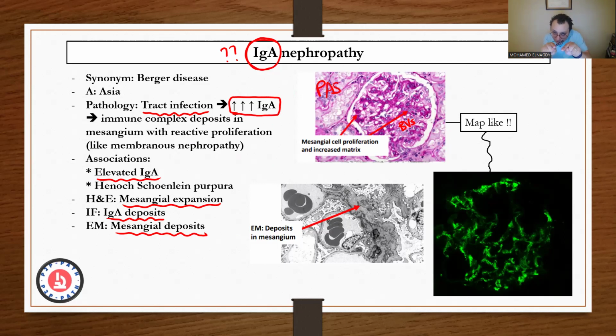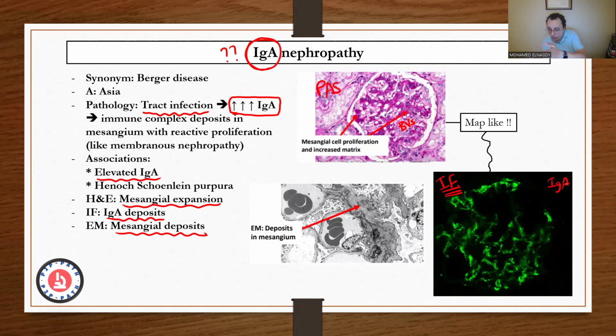It lights up in the mesangium and you see a map-like pattern in the glomerulus. And you have the same map-like pattern on immunofluorescence. You are lucky if they give you a keyword and tell you that they are using immunoglobulin A antibody on the immunofluorescence.